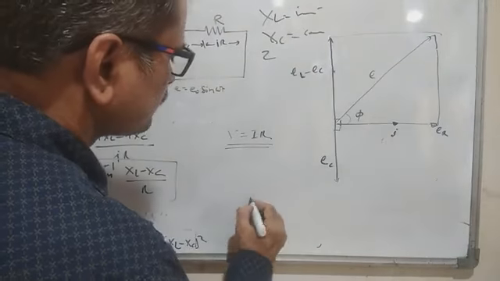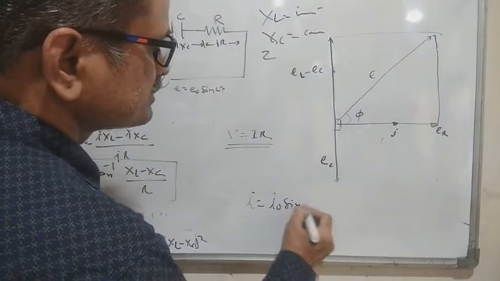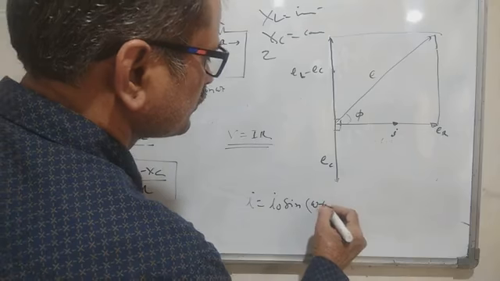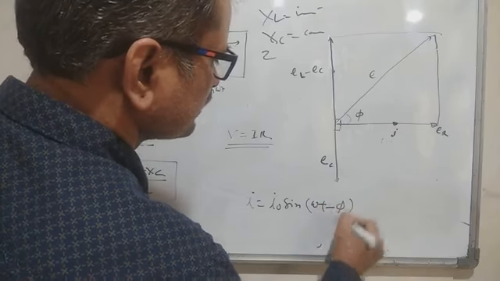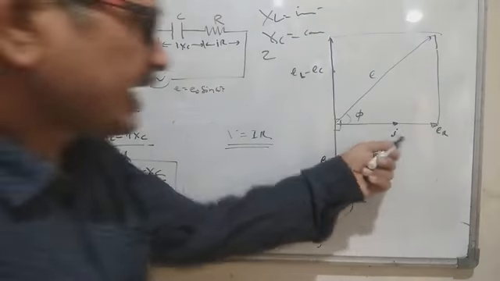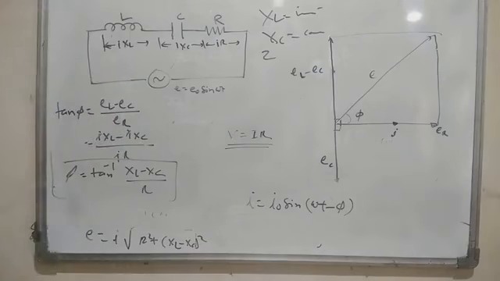So I can write I equal to I naught sine omega t minus phi. Why minus phi? Because we are seeing that I is lagging behind the EMF, which is E naught sine omega t.